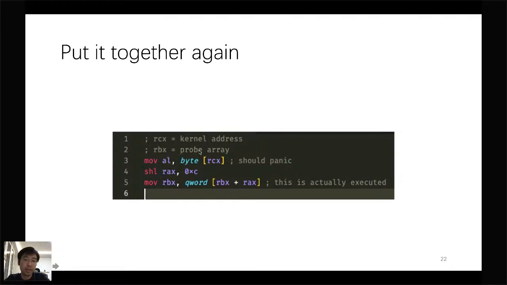The RBX array is a probing array, and in such case, the register IX is actually encoded into an index of the RBX. Then the attacker just needs to iterate over the RBX array and see, okay, which element I read is very fast. Then we can know the according index is the value of the RCX.